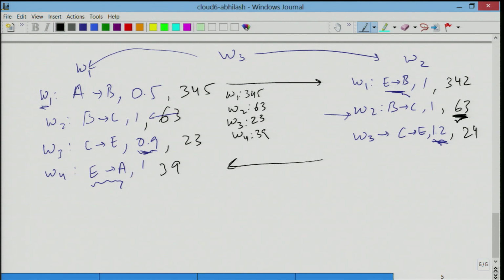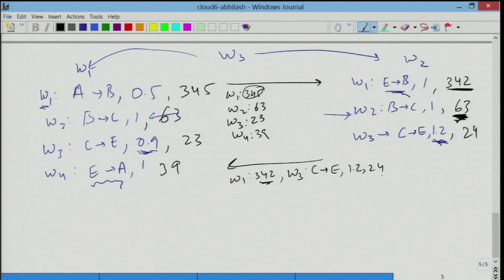So worker 1 realizes that its information of W1 is outdated. Its information of W2 is the same, but it has new information for W3. So it can respond that I need information for W1 because my version of information for W1 is old. And by the way, the information of W3 has changed.